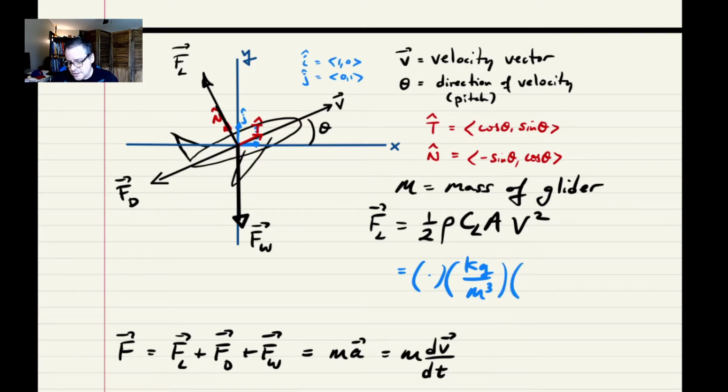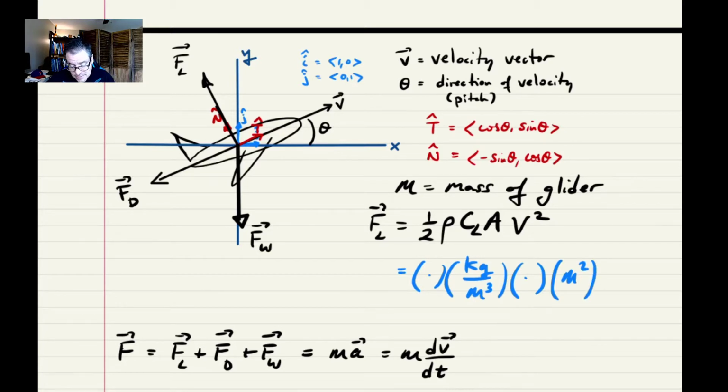The coefficient of lift is generally dimensionless. And then you've got the surface area of the glider, which is primarily about the wings, but not entirely the wings, a constant area that we assume here, and it would have units of square meters. So this is meters squared.